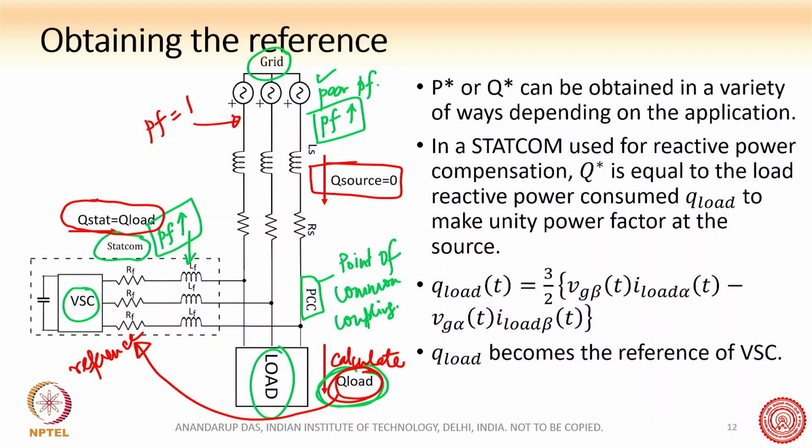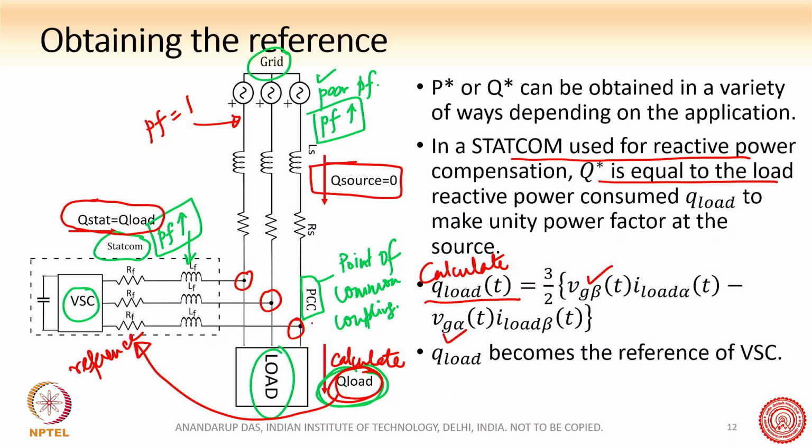Okay, so now the question is how we will get these values. In a statcom used for reactive power compensation, Q star is equal to the load reactive power. Okay, so we can first calculate Q load, and for that we will sense these voltages, and we will do a Clarke transformation on this and get the alpha beta component of it.